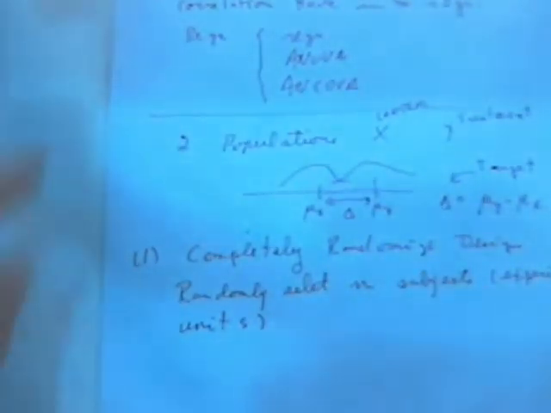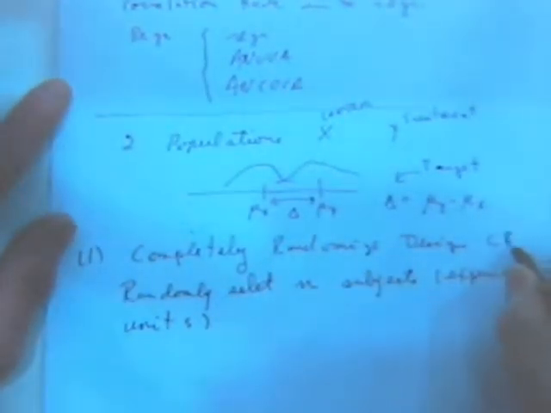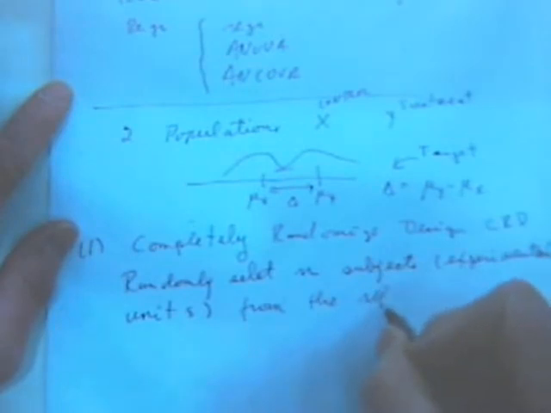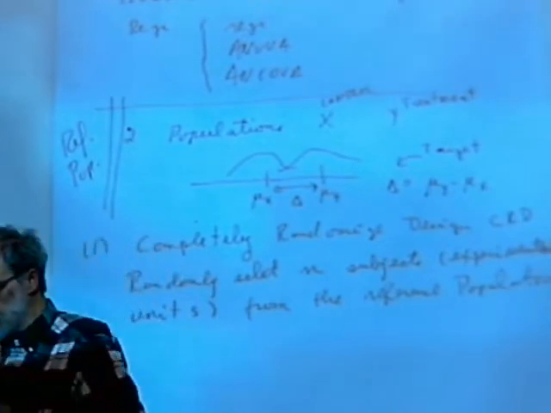With a completely randomized design, CRD, we select n subjects from the reference population. So you might think of that as a reference population. And that's what you're selecting from. That's where you want to make your inference on that population.